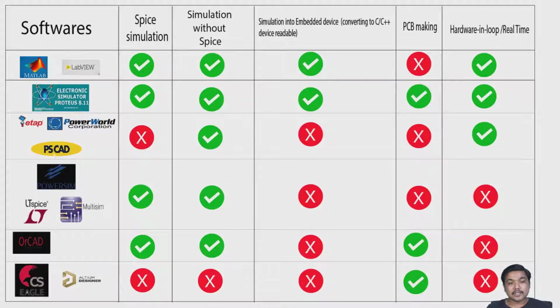MATLAB and LabVIEW have multiple modules; in MATLAB they are called block sets and in LabVIEW they are called modules. If you want control system related tools, you can purchase them and install them in MATLAB. It's a single software where you can buy the block sets or modules separately. So these two are versatile softwares which can do all these things except PCB making.